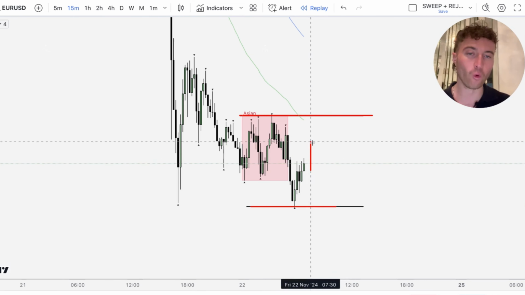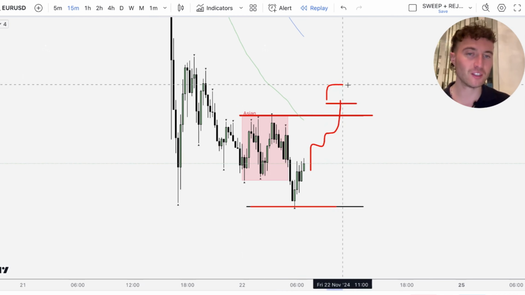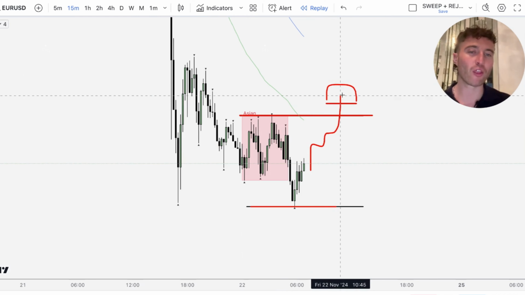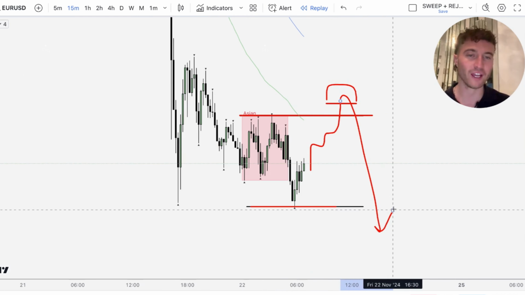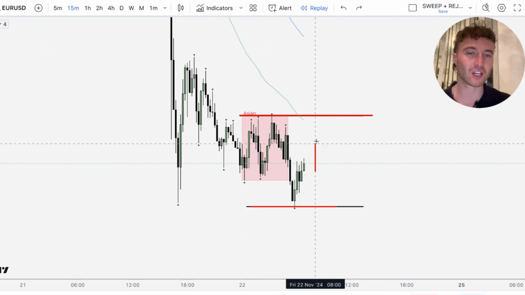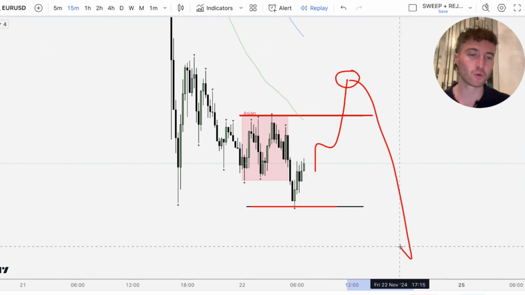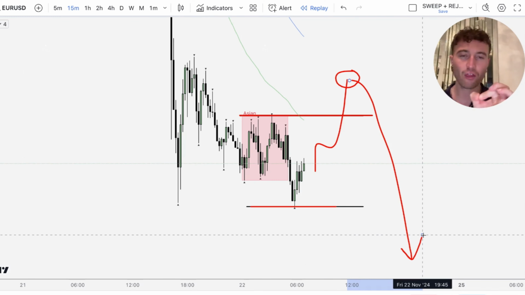Now we are looking for the manipulation of this phase, and then we can look for the distribution phase, looking to short this market to the downside, because we understand that this is running the buy side liquidity. This provides the fuel for institutions to actually move the market in the intended direction.